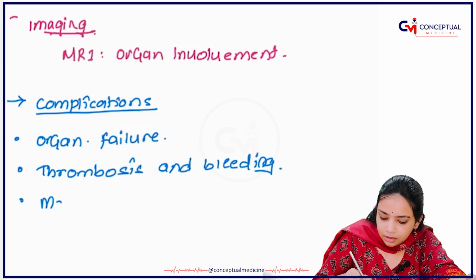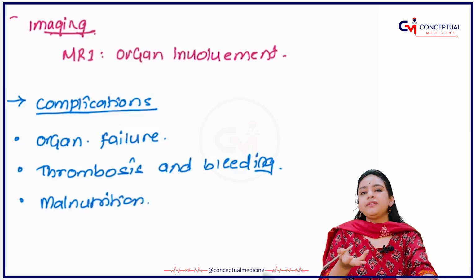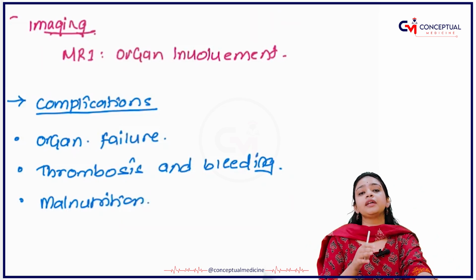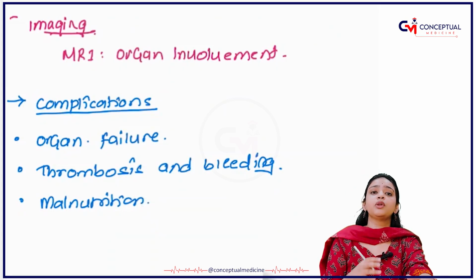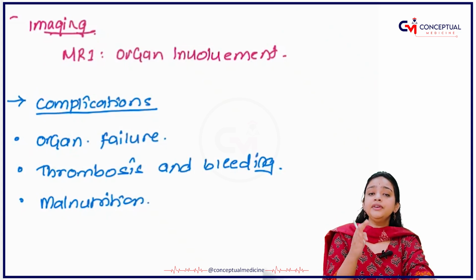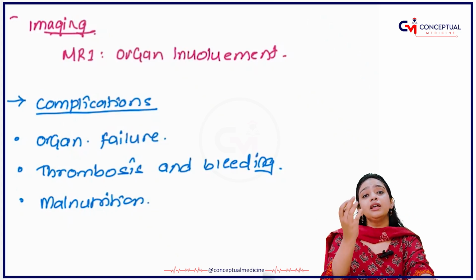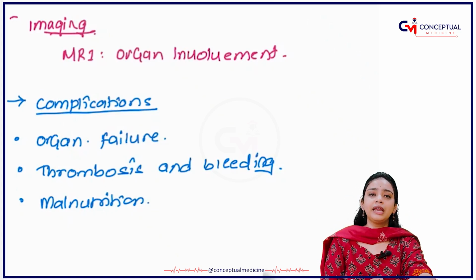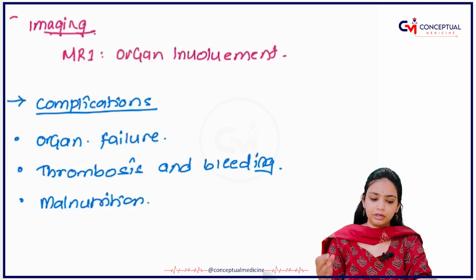And third one is the malnutrition. So organ failure, I have told you why it will happen, because there is a lot of amyloid deposit in that organ and the organ is not able to function properly. Now, why is there malnutrition? Because if the organ is affected, then how will the nutrients be absorbed into the body, right? So that is why there is malnutrition.